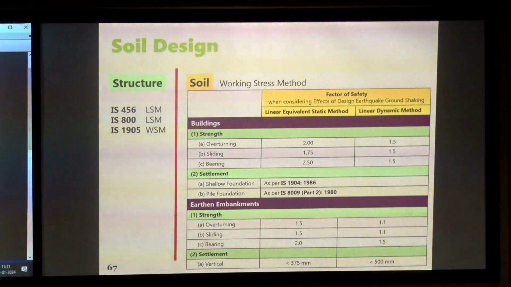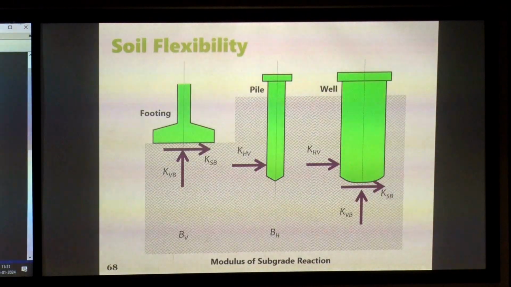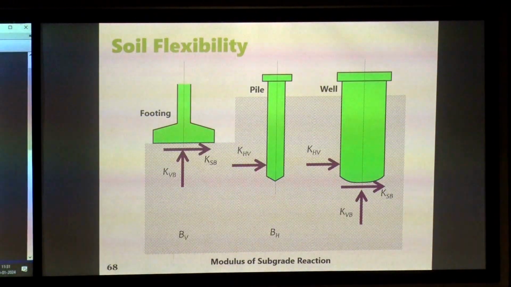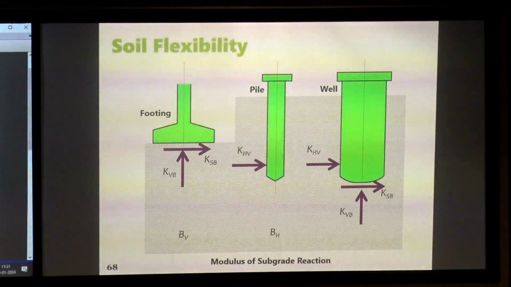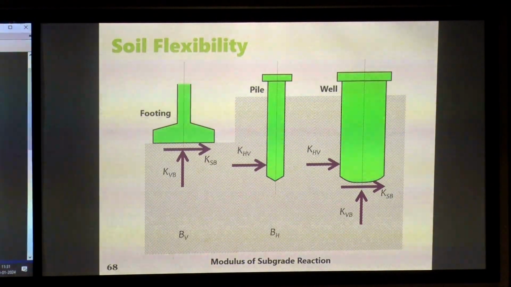It is only the flexibility part that needs to come in. And because we have an equivalent linear static method and a dynamic method, there is a whole geotechnical group which is looking at all these things in a little more detail. Numbers will be finalized, but essentially the idea is to consider soil flexibility and then have an appropriate factor of safety for design of foundations and foundation systems.